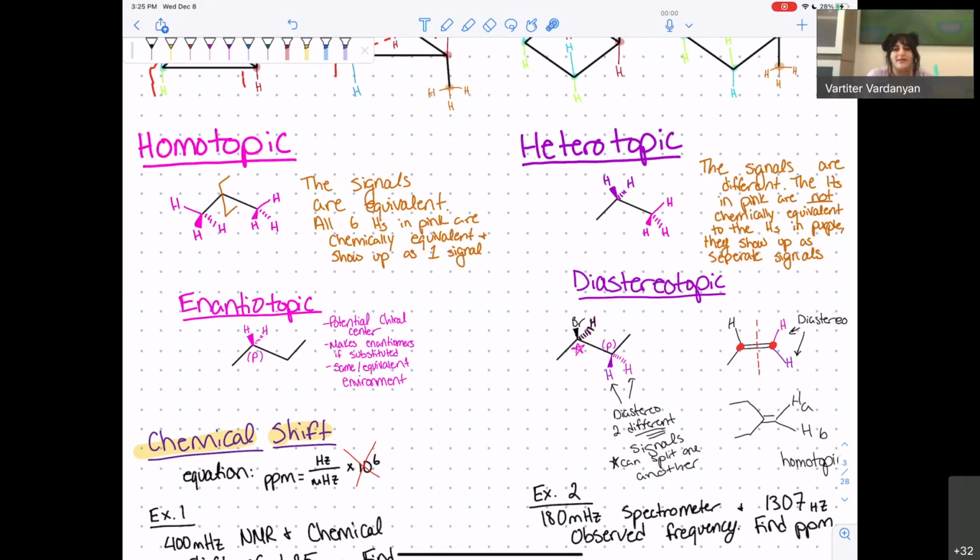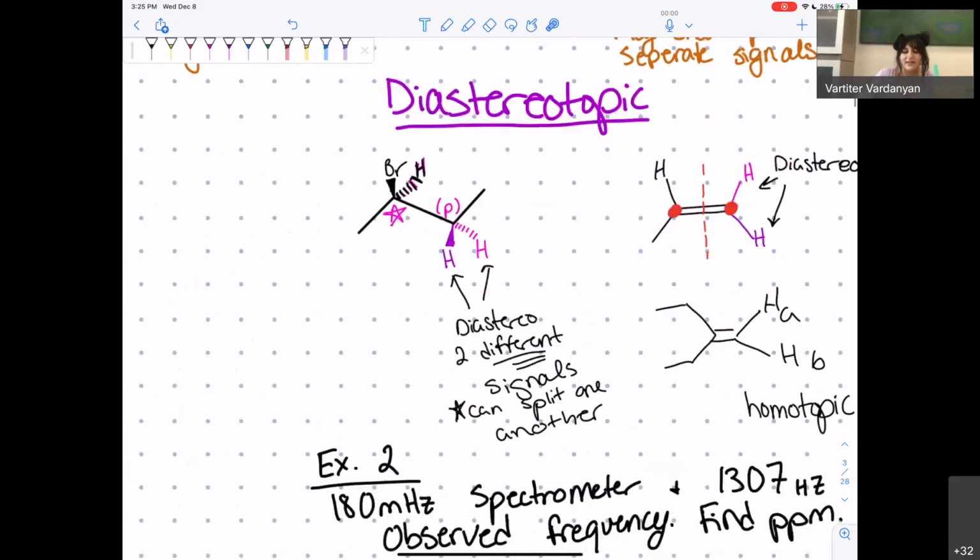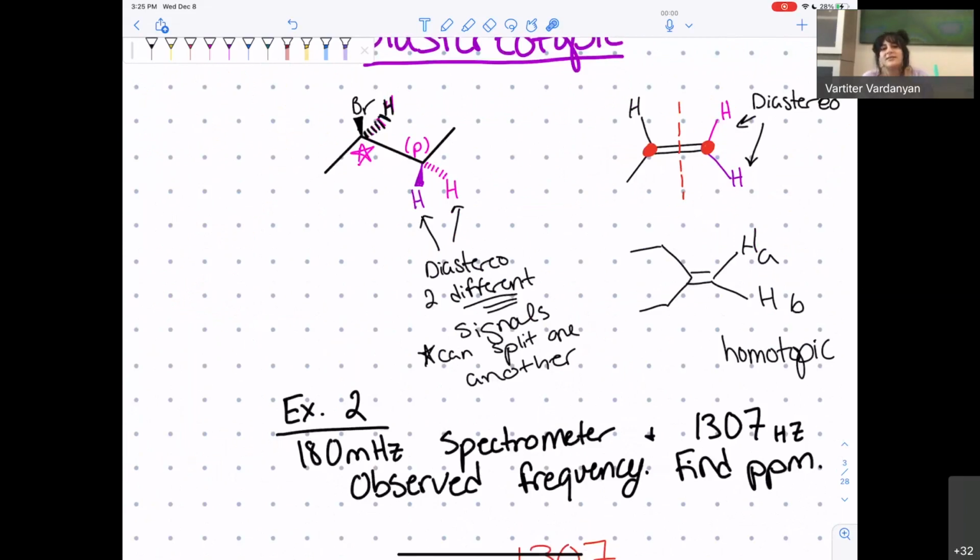For diastereotopic, there are 2 different ways it could happen: chiral centers and double bonds. If we have a chiral center present on a molecule, every other potential chiral center turns into diastereotopic. I will say that again.